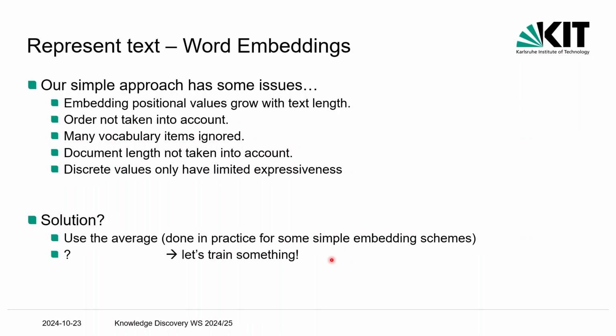That's oftentimes a simplification that kind of works. Depends on what you're doing with it, but usually that can work depending on use case. So another potential solution, as so often in machine learning: let's just train something. Let's just train some embeddings for us, and then we'll figure out the rest later.